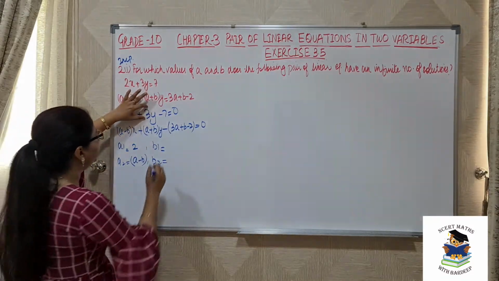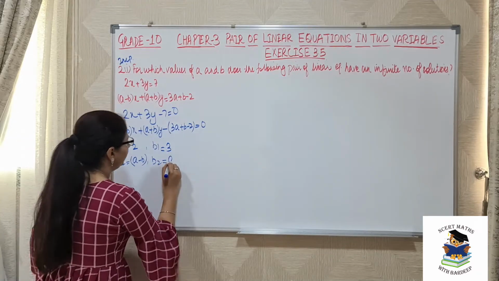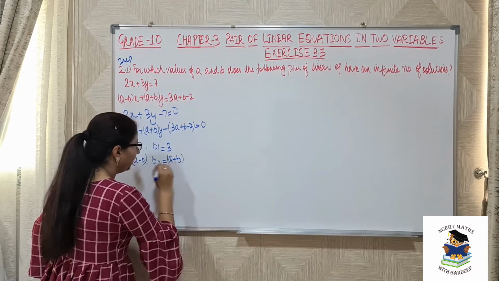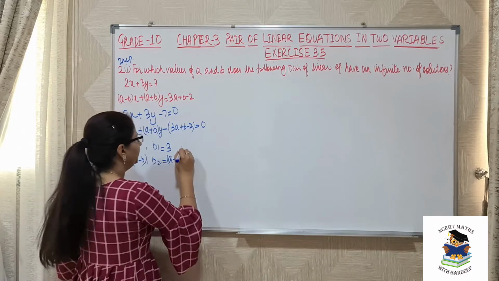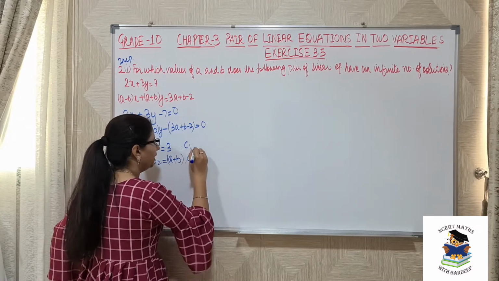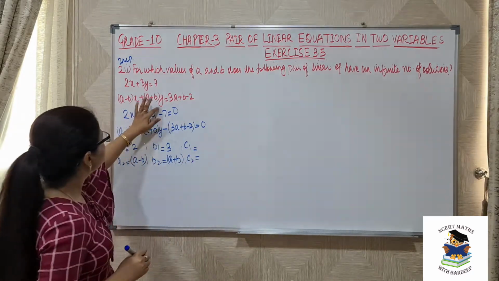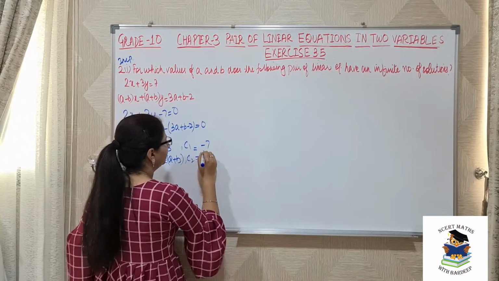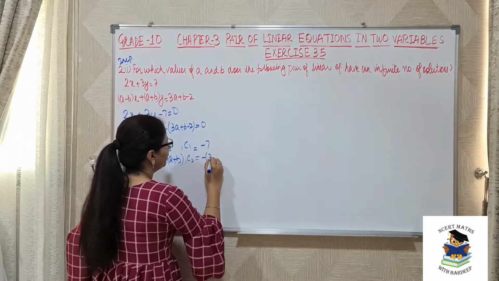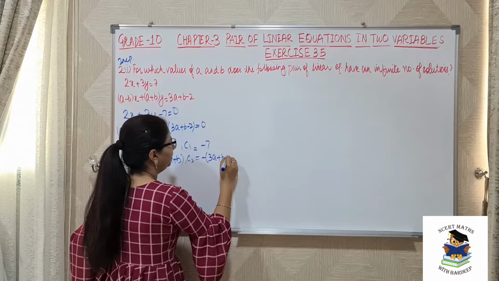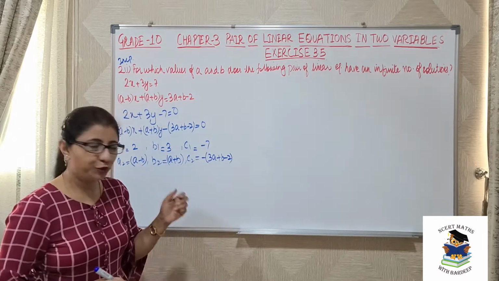So here b1 is 3, b2 is (a plus b). So everywhere I am putting brackets so that there is no confusion. Now c1 and c2. c1 is minus 7 and c2 is minus of (3a plus b minus 2).